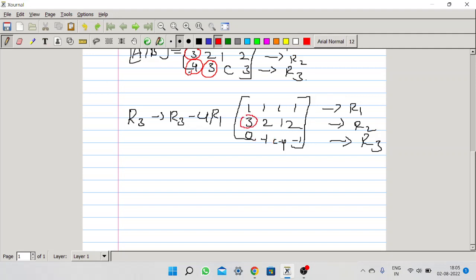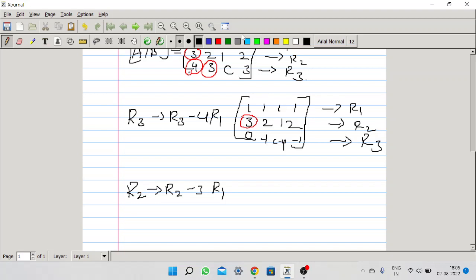We will make this element 0 by using row R1. For that, I am doing the row operation R2 minus 3R1. We are converting R2 into R2 minus 3R1. This is nothing but subtracting the elements.